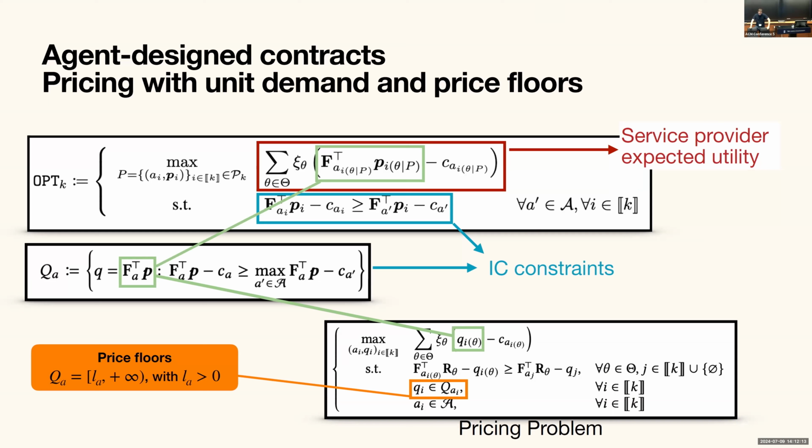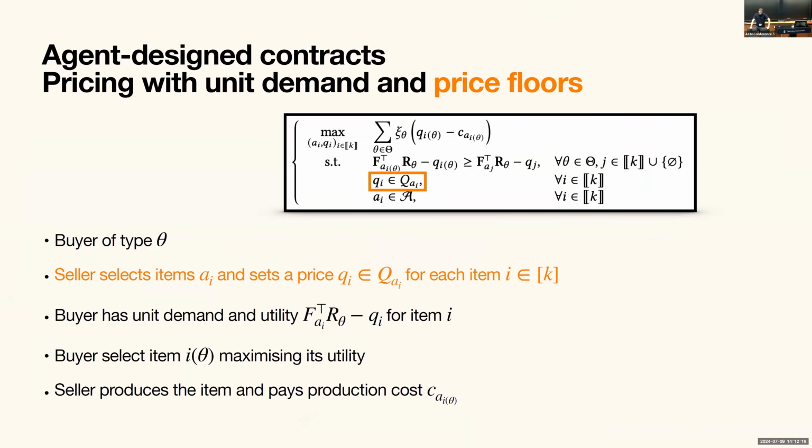Quite easy to see. So let me tell you why I call this reformulation a pricing problem with price floors and unit demand, because we can interpret this program as we need to select some item A, some bundle of items, and price them. So we have buyers of types theta, a distribution over types.